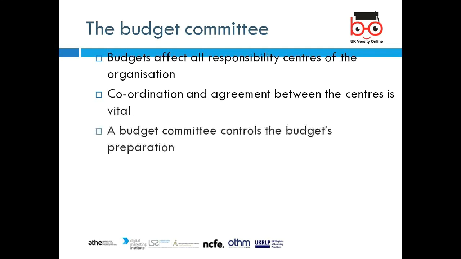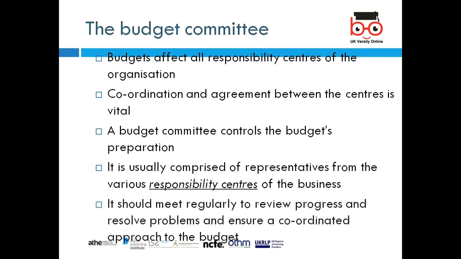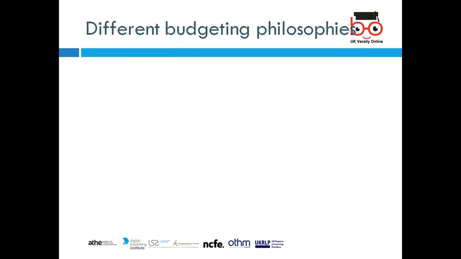So the budget affects all responsibility centers of our organization. Coordination and agreement between the centers is vital. The budget committee controls the budget preparation, and it is usually comprised of representatives from the various responsibility centers, cost center, profit center, those we discussed during our lesson 1. Okay, anybody any question?